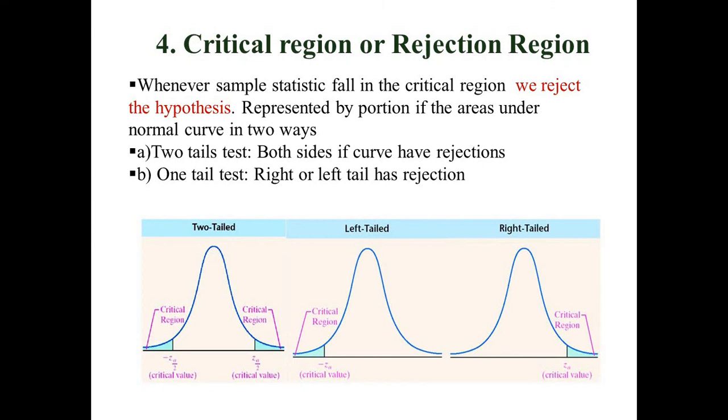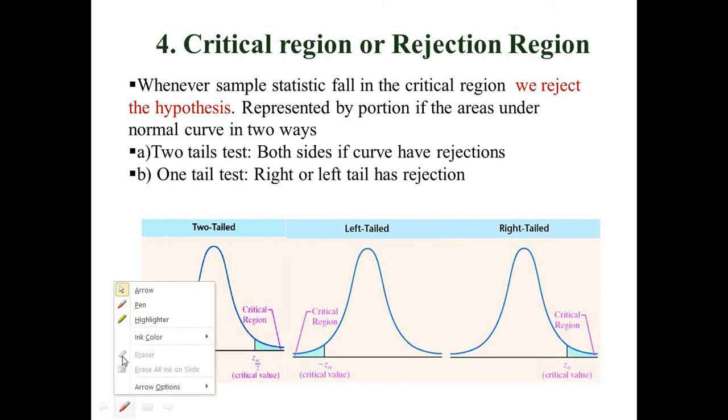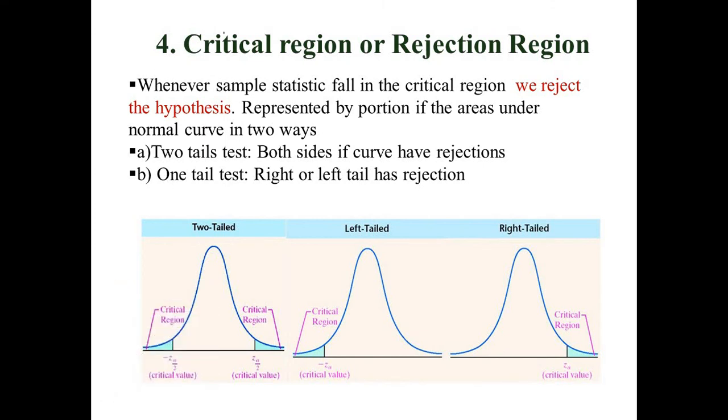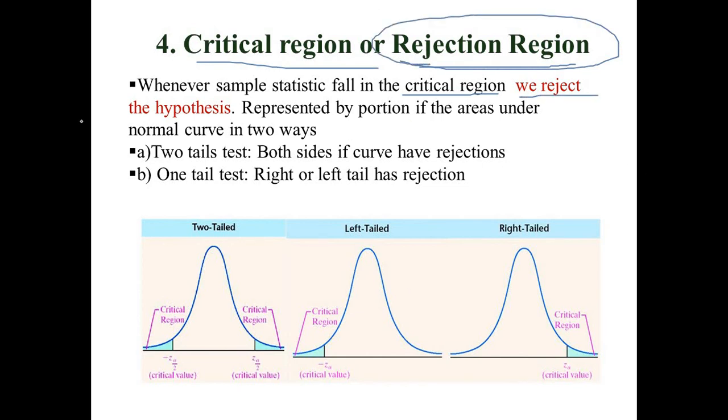Let's go to the fourth step, that is the critical region or rejection region. When the sample statistic falls in the critical region, also known as the rejection region, we are going to reject the hypothesis, and this is represented by a portion.